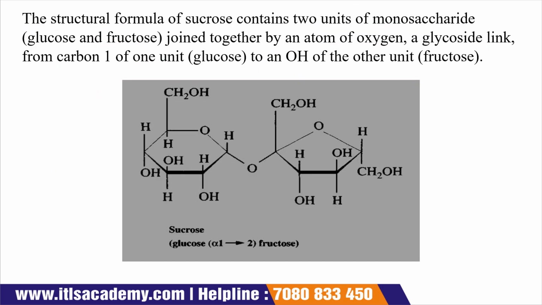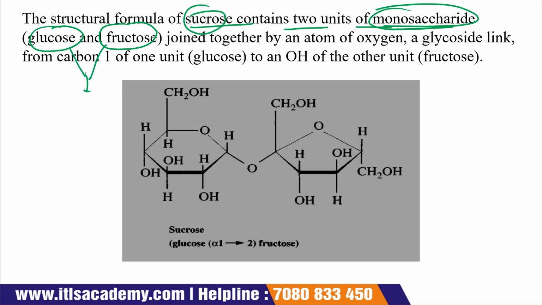Now the next is the structural formula for sucrose, which contains 2 units of monosaccharide. Now here is the answer: the 2 units of monosaccharide which form a sucrose are 1 unit of glucose and 1 unit of fructose. Okay, and this 1 unit of glucose and 1 unit of fructose join together with an oxygen atom.